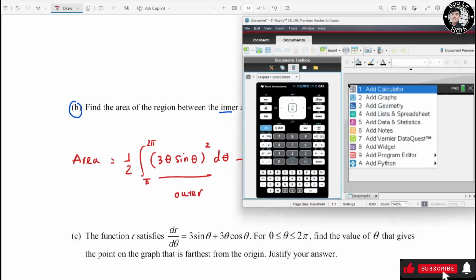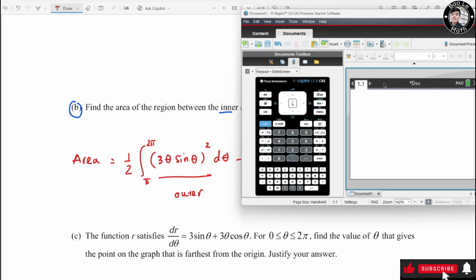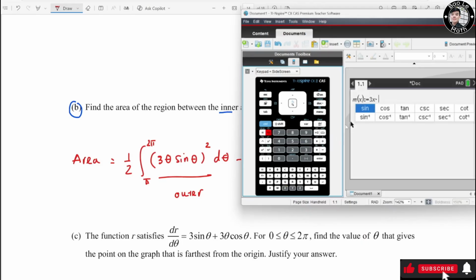Now we're going to bring up the calculator. We need to store the function, so we're going to add a calculator. Let's name the function m of s. Hit the control button right here. It's going to be 3s times sine s.